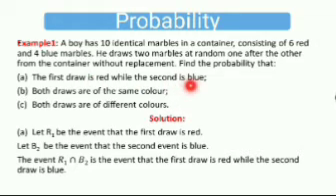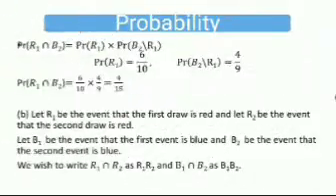Now, to find the probability that both draws are of the same color, let R1 be the event that the first draw is red, and let R2 be the event that the second draw is also red, because they are of the same color.